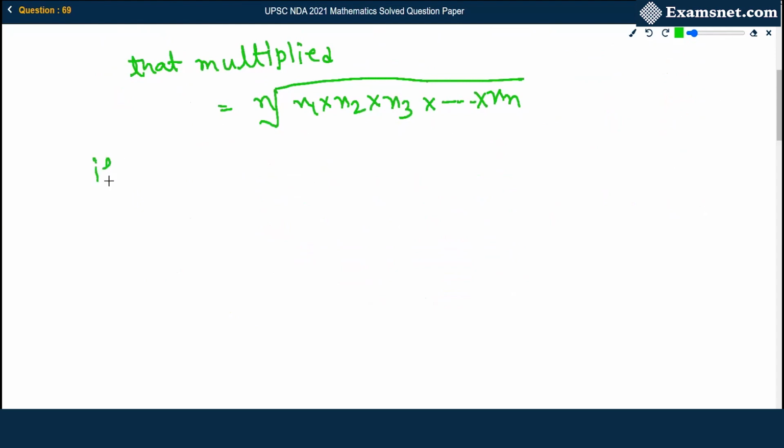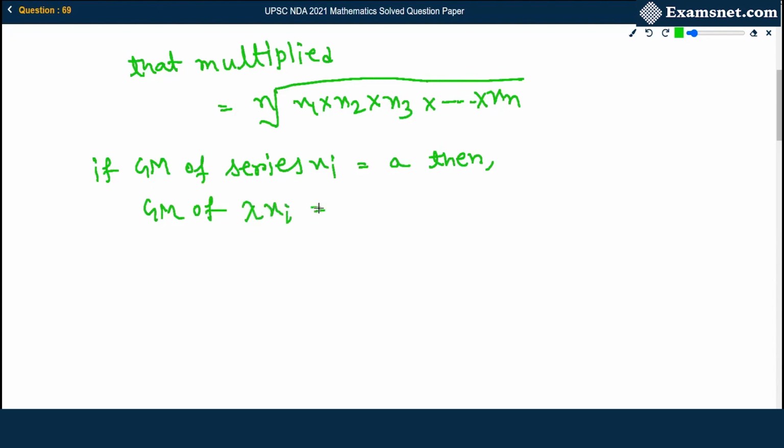If the geometric mean, in short GM, of a series xi, where the terms are x1, x2 and so on, equals a, then the GM of the series with terms lambda multiplied by xi, I mean we have multiplied a scalar quantity lambda with each term, becomes lambda a.